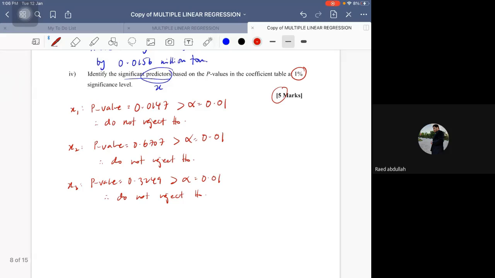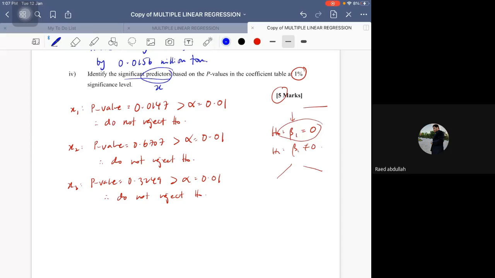Remember the linearity test? H null is beta 1 equals 0, and the alternative is beta 1 is not equal to 0. This beta 1 is actually our gradient. When it equals 0, it means there is no relationship between x and y. But when it is not equal to 0, it could be positive, it could be negative, so there is a relationship between x and y.